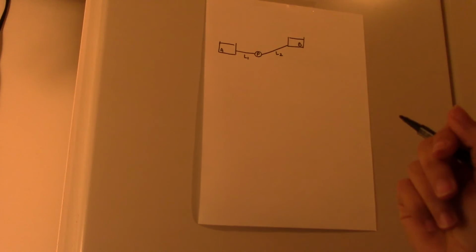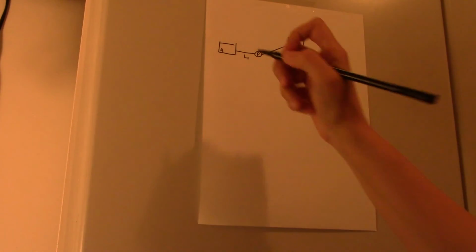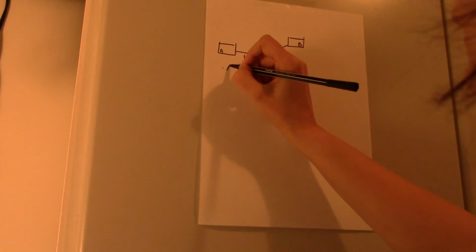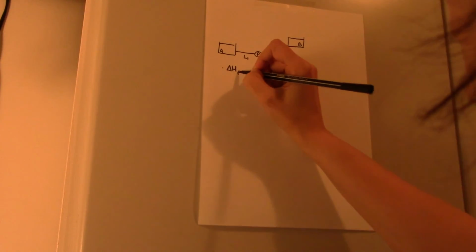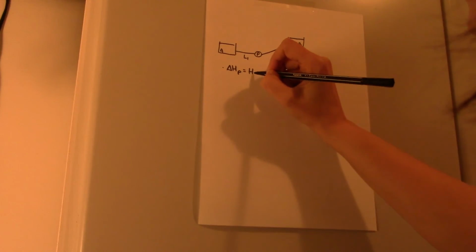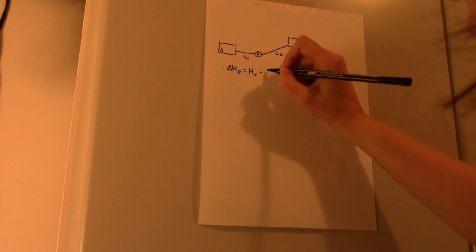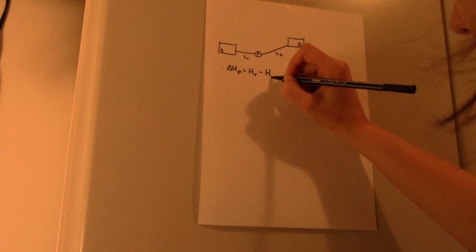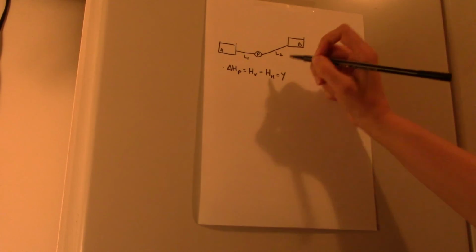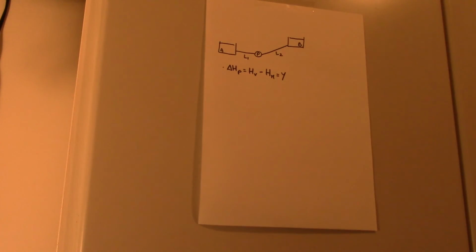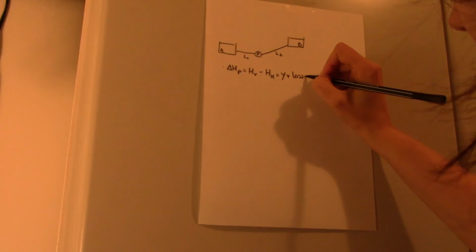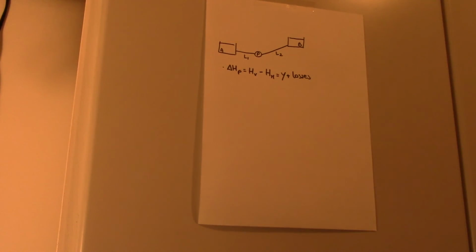So what we got from the slide, just after our consideration, was that delta H pump is equal to the total head after the pump minus the total head before the pump, which was equal to Y, so Y again is HA minus HB plus the losses.